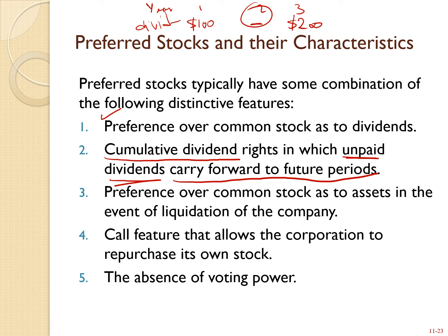Preferred stocks have preference over common stocks as to assets in the event of liquidation. I mentioned this before. They cannot vote. They have a call feature, so the company can call their stocks back. They have the right to oblige the preferred stockholder to sell their stocks back.